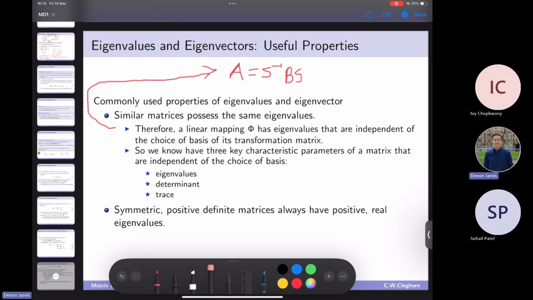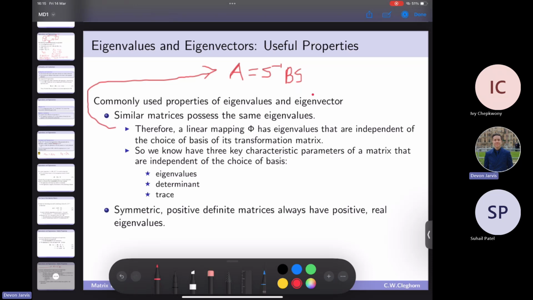Okay, and then lastly, some commonly used properties of eigenvalues and eigenvectors again. Similar matrices possess the same eigenvalues. Okay, and again, I'm going to put you guys on the spot a last time and take an awkward sip of water. What does that mean then about our eigenvectors?